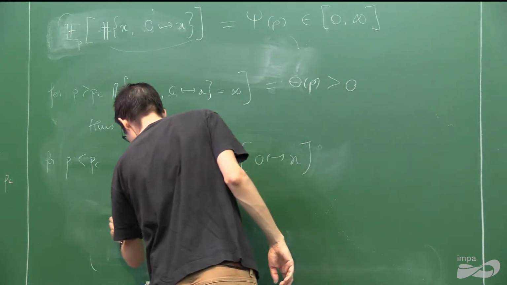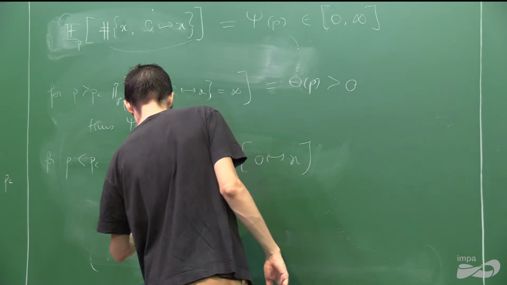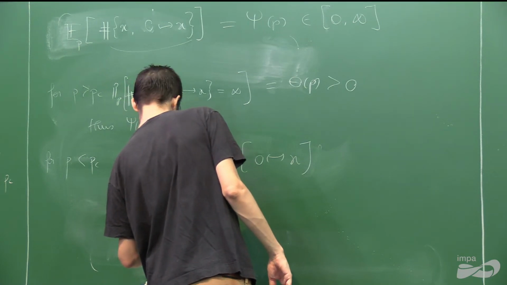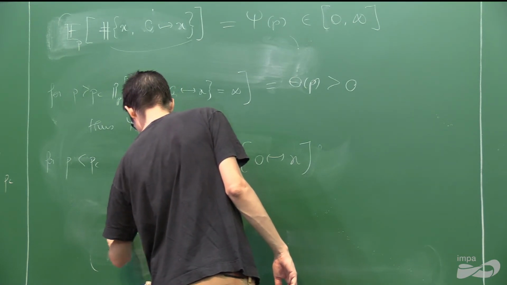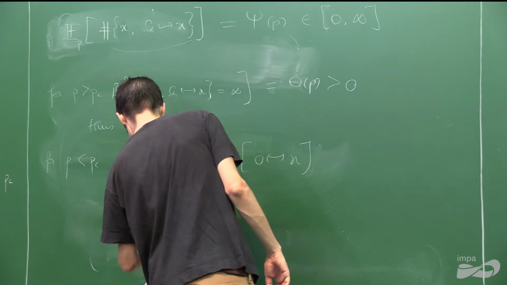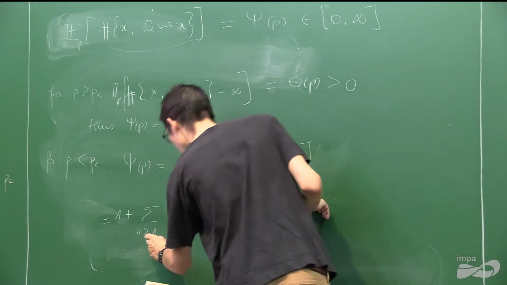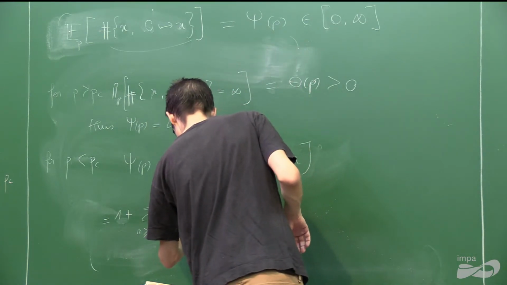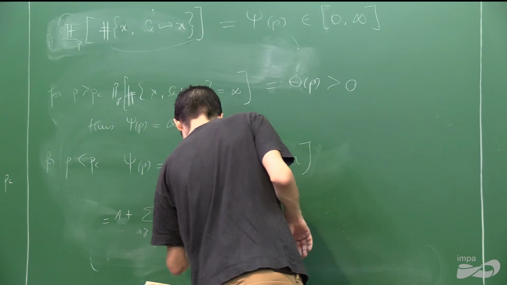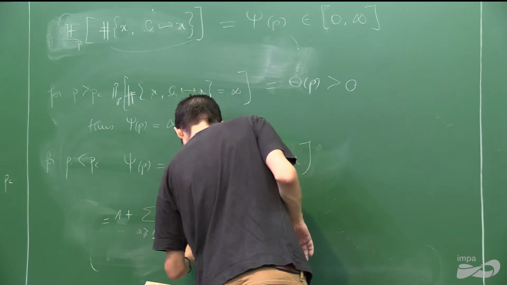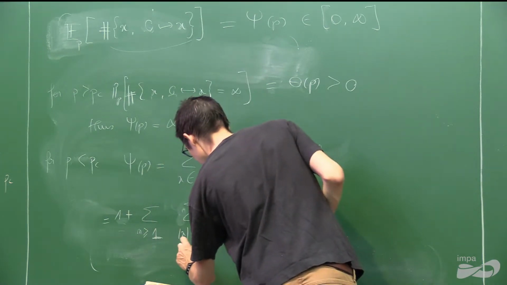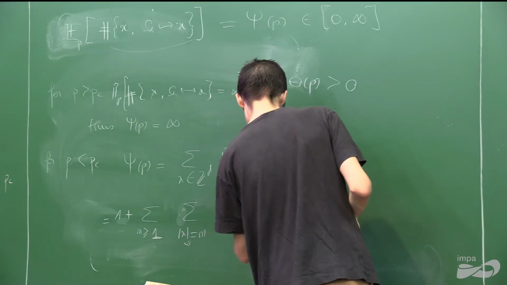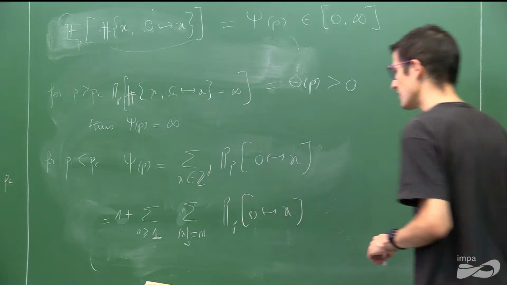Well, this is equal to 1 plus the sum over n larger than 1 of the sum over x which have infinite norm n of the probability that 0 is connected to x. I'm just reorganizing the sum.